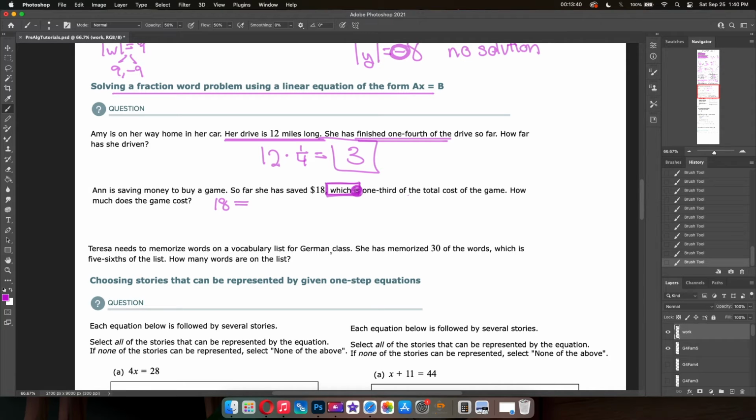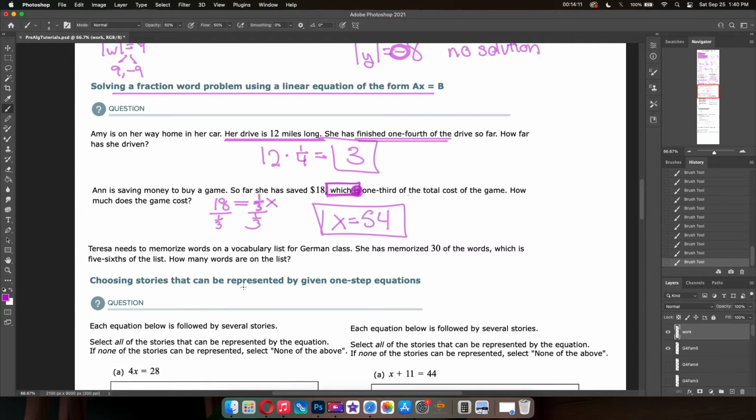So when you see that which is, you know, oh, there's going to be an equal sign, which is 1/3 of the total cost of the game. So that's multiplication. We undo multiplication with division, so divide by 1/3, which honestly is just a fancy way of saying 18 times 3, which is, of course, going to be what? 54.